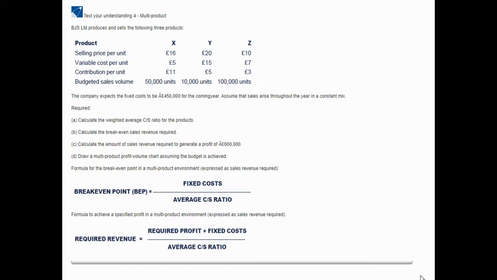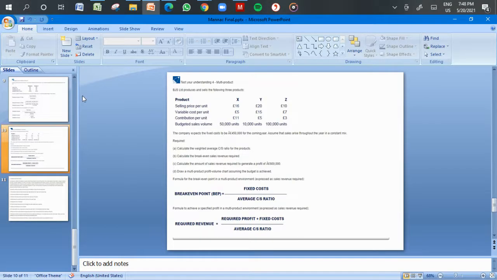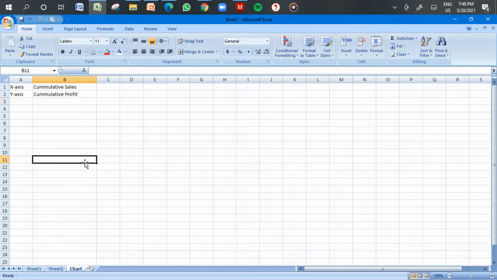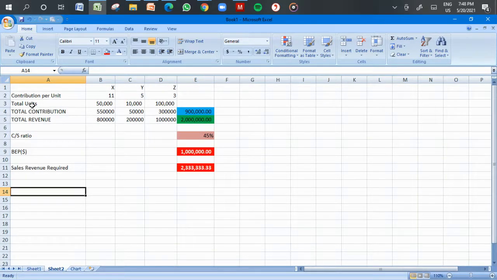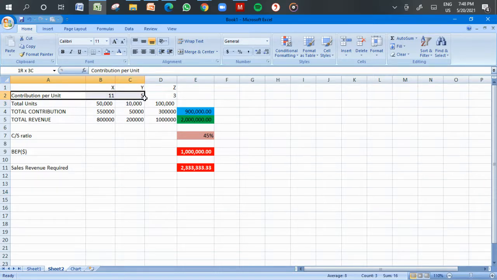So what is the first step when you want to show this information on a break-even chart? The first thing is to calculate the contribution to sales ratio for each product. So we're just going to copy some of the information here.